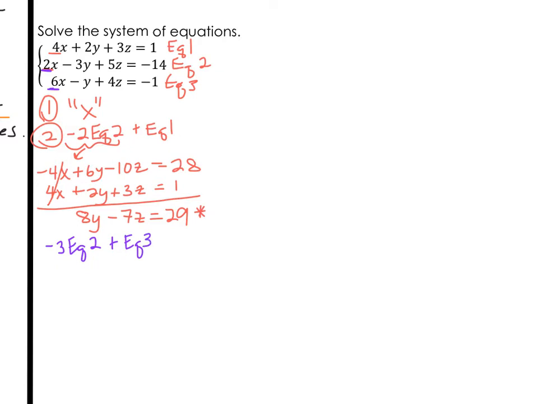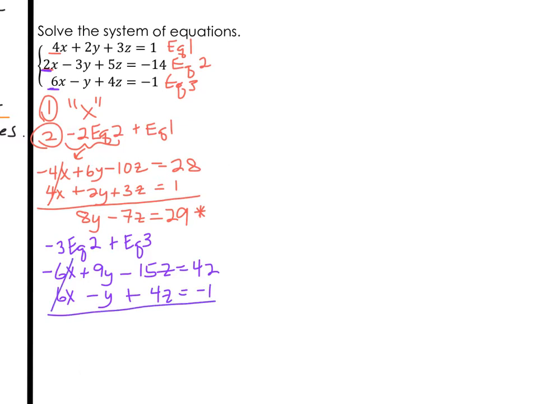If I take everything in that second row and I multiply it by -3, I'm going to get -6x plus 9y minus 15z. Make sure you're okay with that step. And then on the right, if I take -3 times -14, that's positive 42. Now if I drop down equation 3, positive 6x minus y plus 4z equals -1.